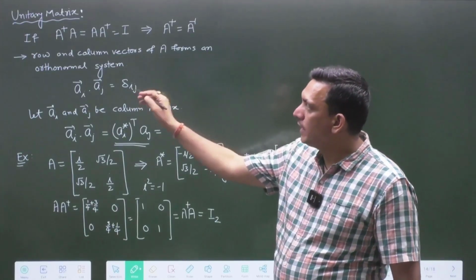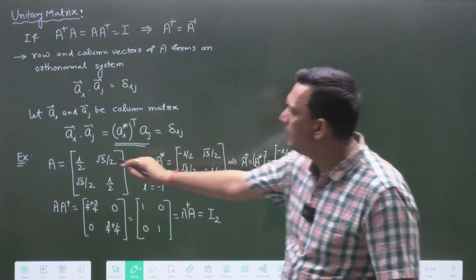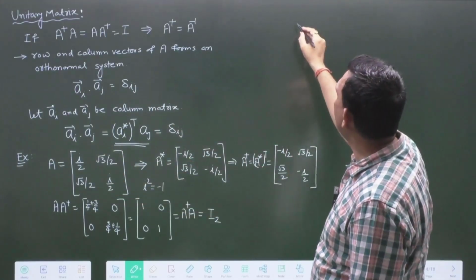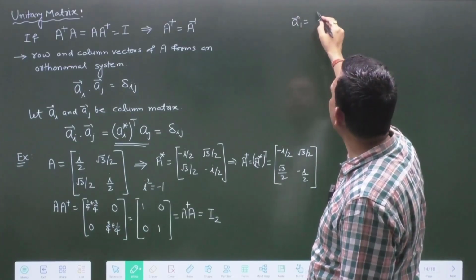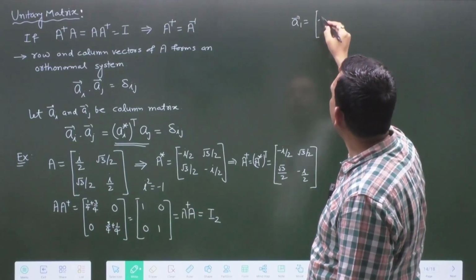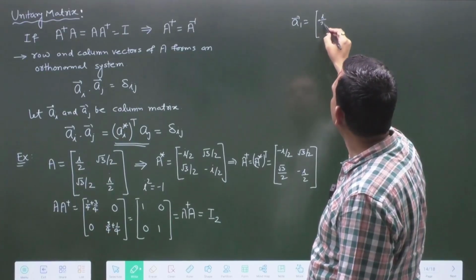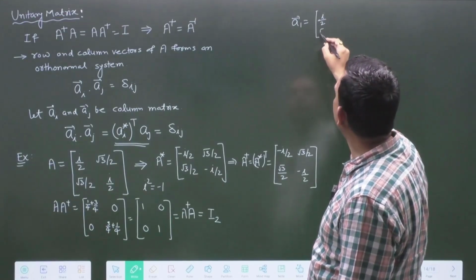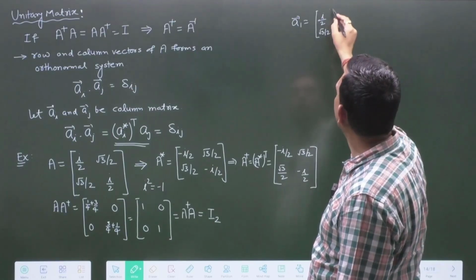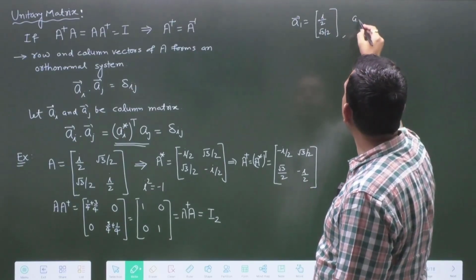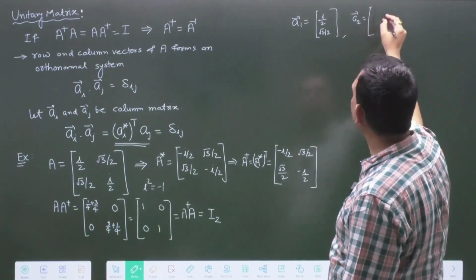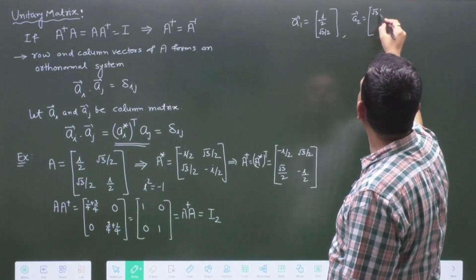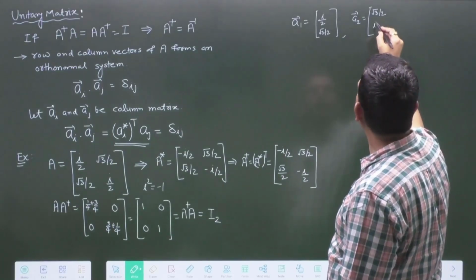If you want to check this, here I am replacing by column vectors. Let's say A1 is a column vector. A1 will be given by iota by 2, root 3 by 2. A2 is another column vector, root 3 by 2 and iota by 2.